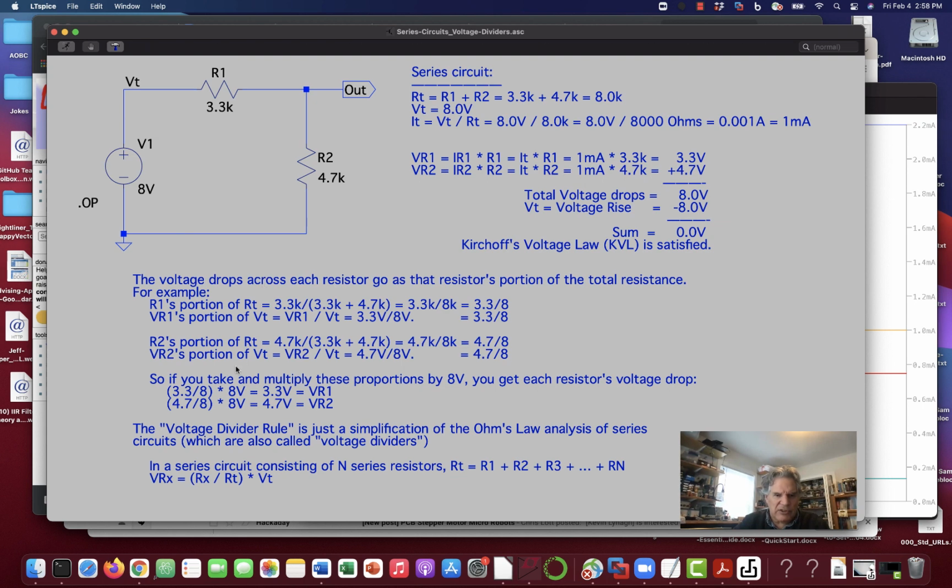So there's this thing called the voltage divider rule, which we'll get to, but it's just a way of writing the work that you would otherwise do. But when you look at this circuit, by inspection, you can say, this is just a bit more than half of the total resistance. The total resistance is 8K, 4K would be half of that.